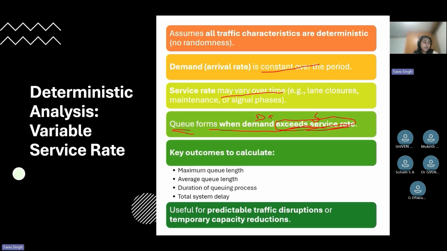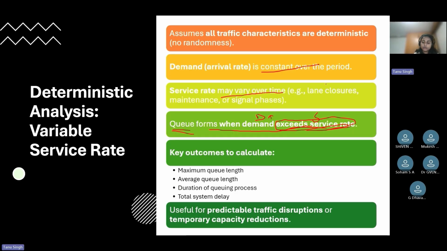Deterministic analysis is possible only when things are planned, for example maintenance or a toll plaza. Deterministic means that the demand is constant, but the service rate we have assumed to be changing.